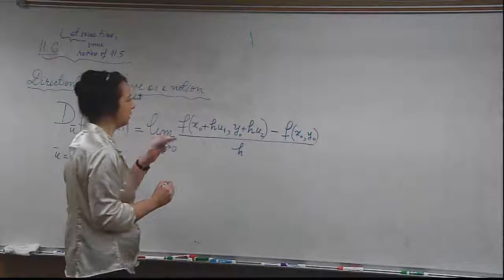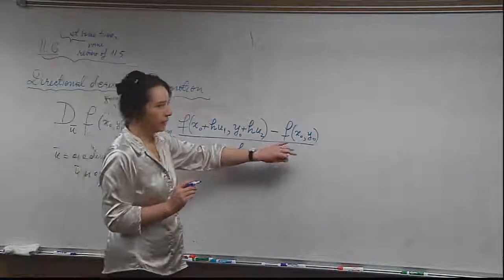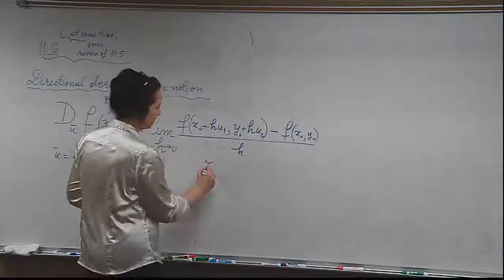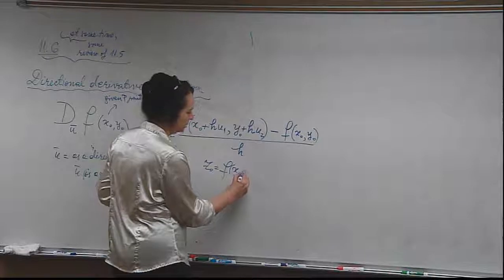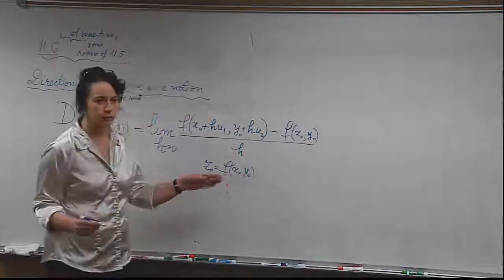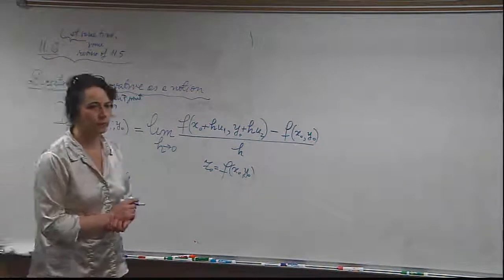So you say, wait a minute, Magdalena, oh my God, I get a headache. z0 is easy to understand for everybody, right? That's going to be the altitude at the point x0, y0. It shouldn't be hard. On the other hand, what am I doing?